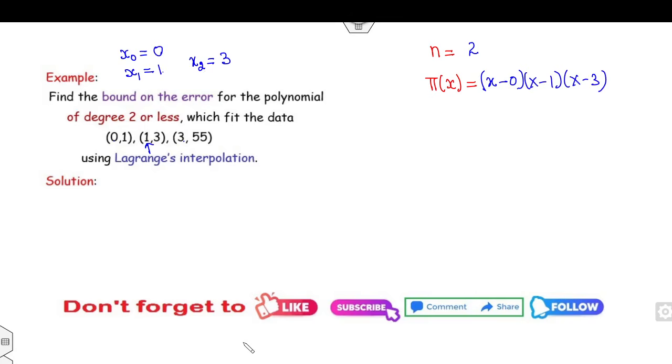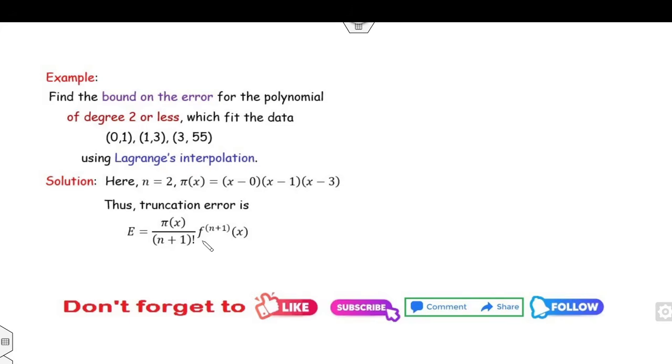Fine. Now you can write the interpolation error which is given here. So n is my 2. So this error will be 2 plus 1 is 3 factorial. Maximum value of pi x from 0 to 3 and maximum value of the third derivative.